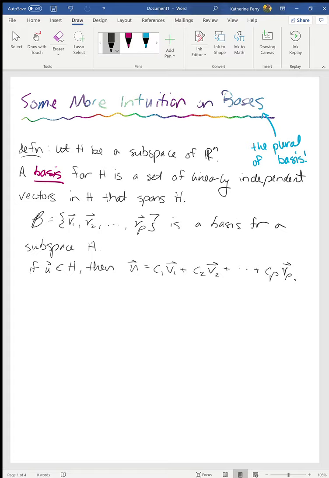Or we could also write that H is equal to the span of this collection of vectors. And one other thing to emphasize is that, again, by this definition, these vectors v1 through vp are all linearly independent.